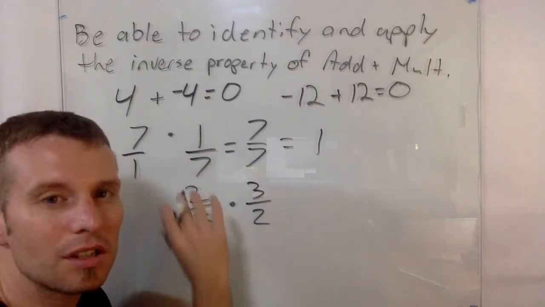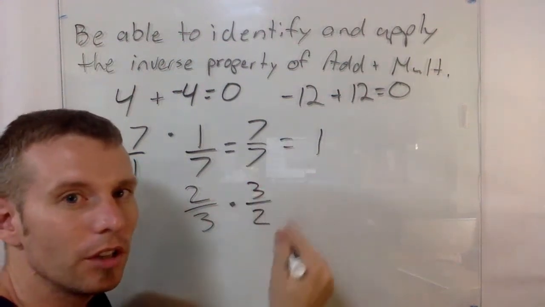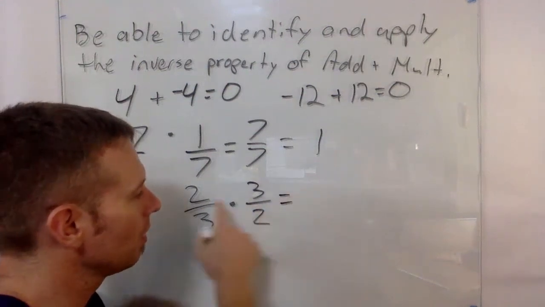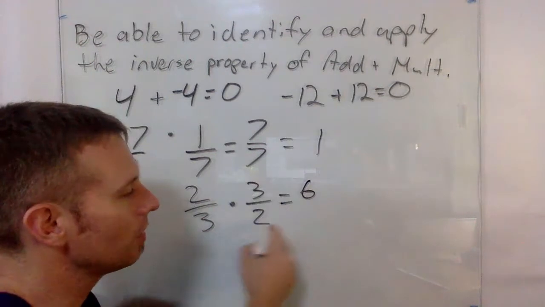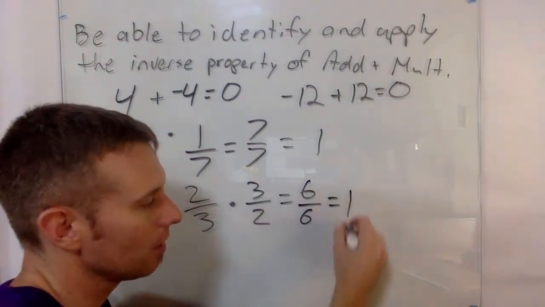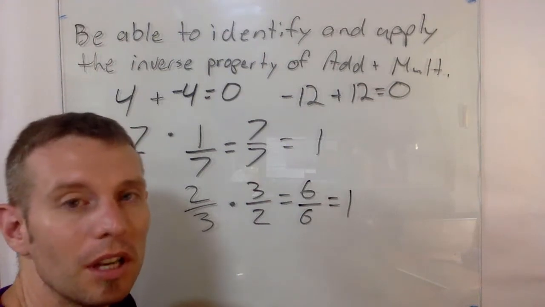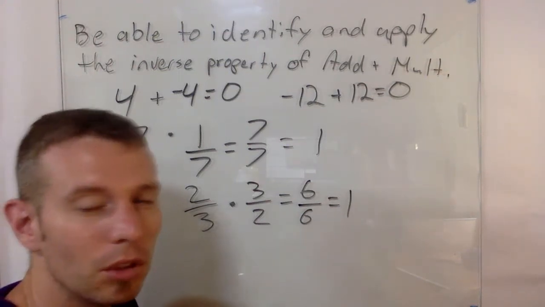It's just the same exact number, with the numerator and the denominator changing places. 2 times 3 is 6. 3 times 2 is 6. That gives us 1.